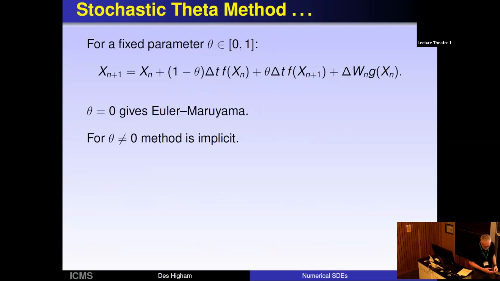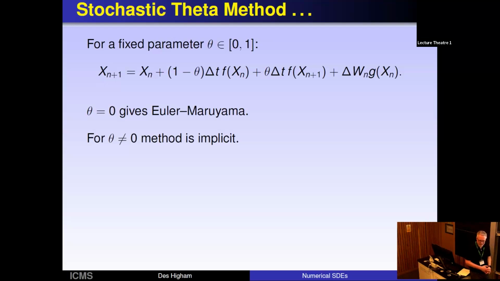If you throw away the noise, forget about the final term, theta equals 0 would be Euler, theta equals 1 would be implicit Euler, and theta equals a half would be what's called the trapezoidal rule.